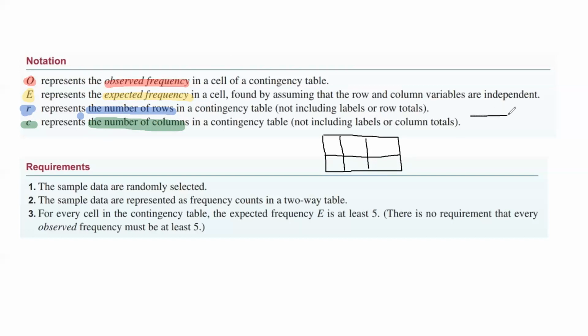And here's another contingency table. Now, in this example right here, how many rows do we have and how many columns do we have? And then in this example, how many rows and how many columns do we have?